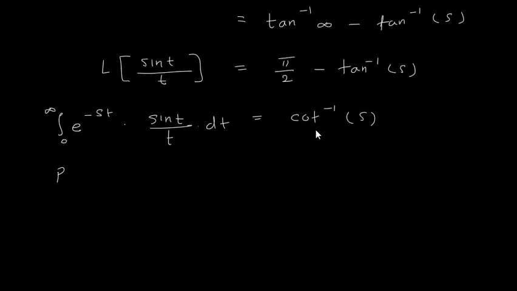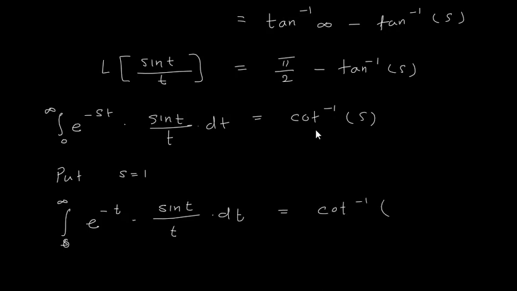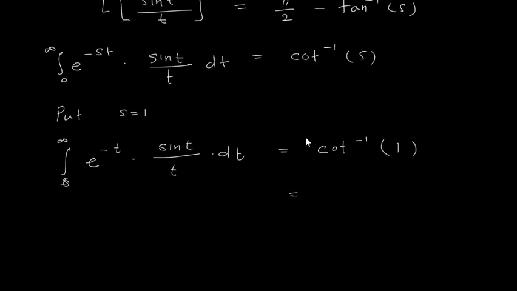When I put s equals 1, I get the integral from 0 to infinity of e^(-t) sin t / t dt, and here I will get cot inverse of 1, which is pi/4, as cot(pi/4) is 1. So this is my required answer. Simple question.